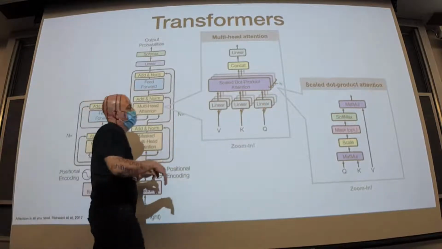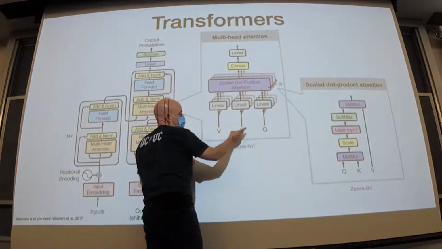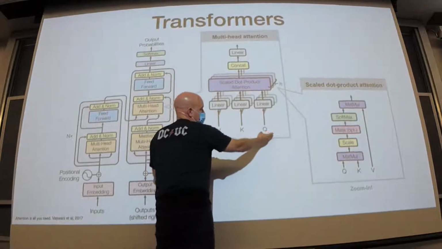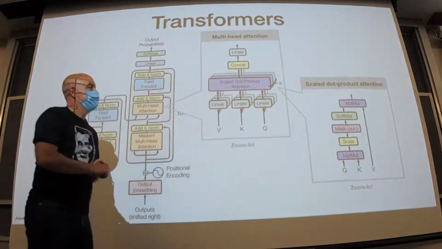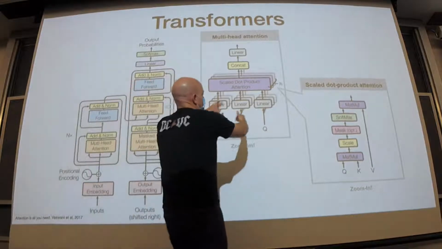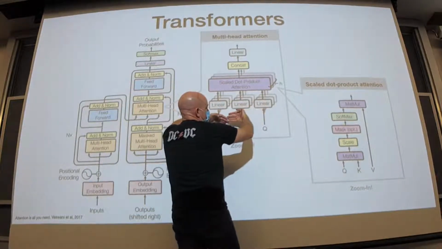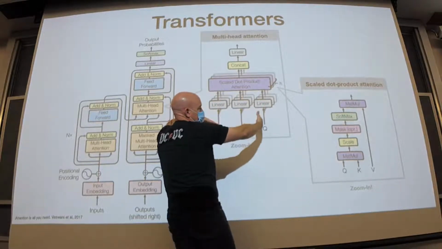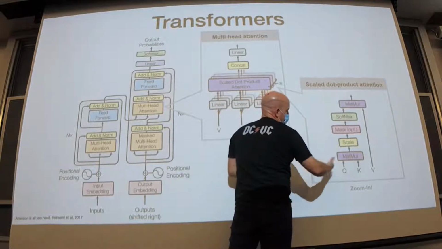What kind of things are you doing comparisons of? Well, you'll see these variables V, K, and Q: value, key, and query, and we'll look at them in more depth. And it's called multi-head attention because there are actually many different attentions being learned in parallel, and each one of them looks very simply like this.